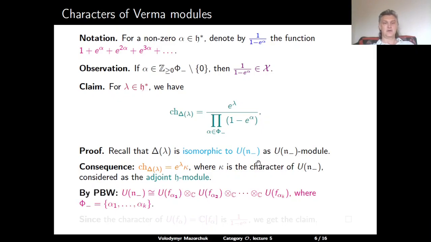By the Poincaré-Birkhoff-Witt theorem, U(n minus) can be written as the tensor product of the universal enveloping algebras of each individual negative root. And since the character of the universal enveloping algebra of the individual negative root alpha is equal to 1 divided by 1 minus the exponent of alpha, we get our claim.